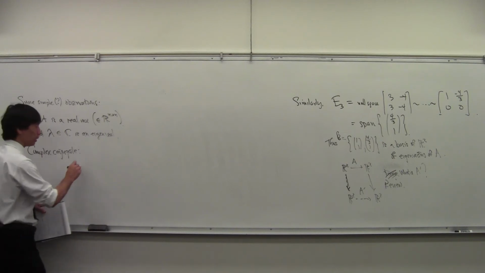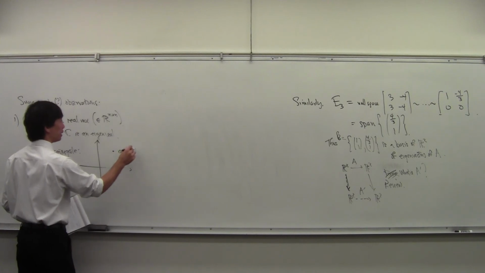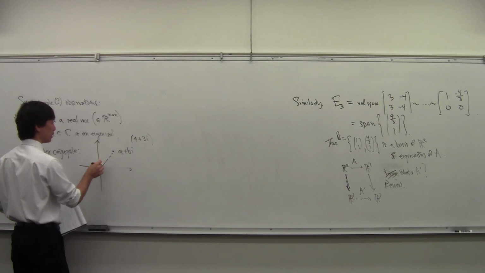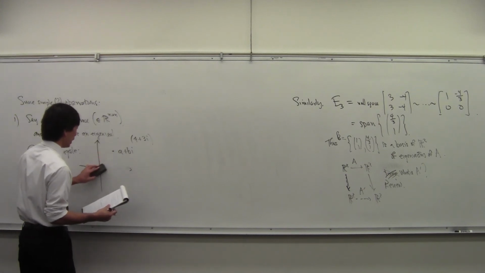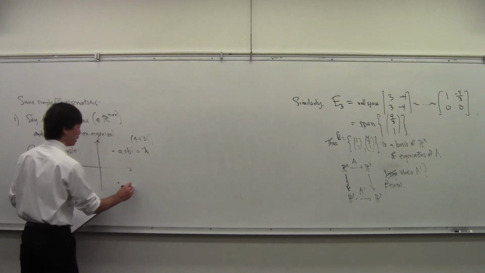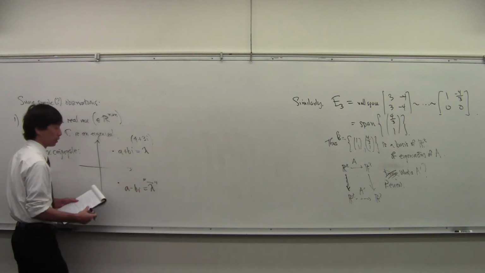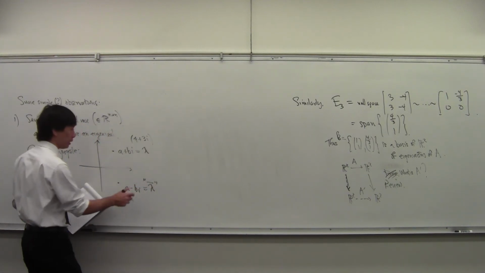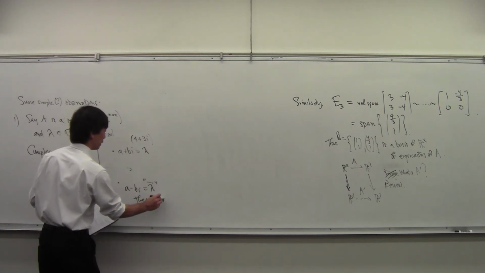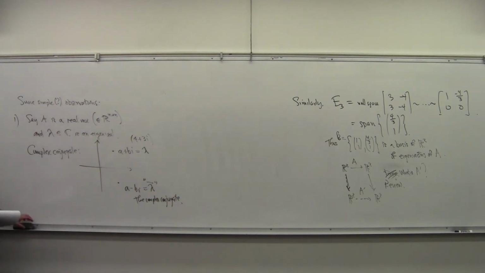If you have a complex number a plus bi, like 4 plus 3i, then a minus bi is called the complex conjugate, and it's written lambda bar, the complex conjugate of lambda.